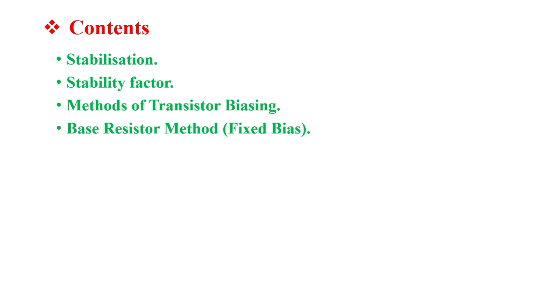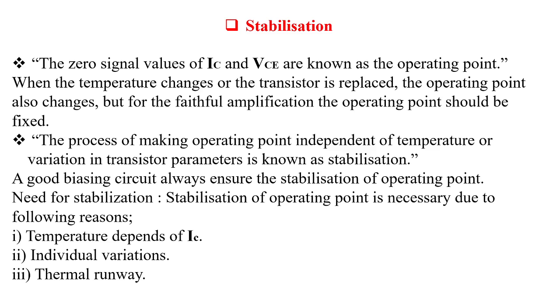Now see stabilization. The zero signal values of IC and VCE are known as the operating point. When the temperature changes or the transistor is replaced, the operating point also changes. But for faithful amplification, the operating point should be fixed.